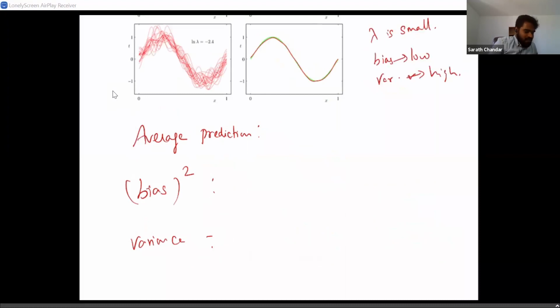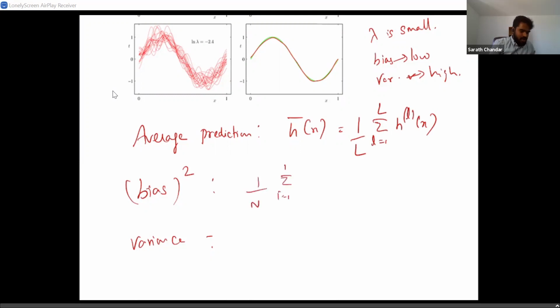The average prediction, let's call it h dash of x, is simply the average over all the 100 h functions that I have: 1 over L, summation over l equal to 1 to L, h_l of x. Now the bias term is given by 1 over n, summation over i equal to 1 to n.